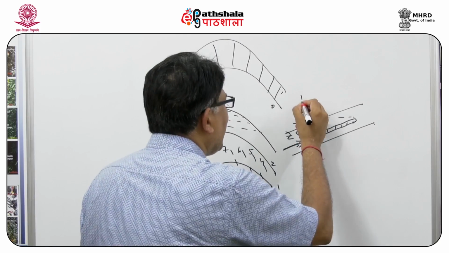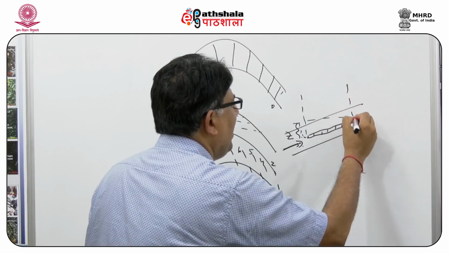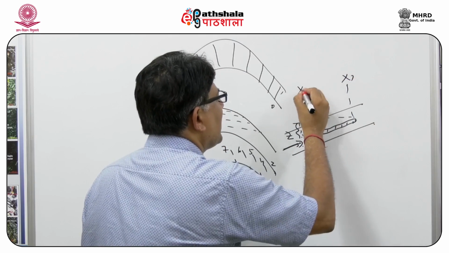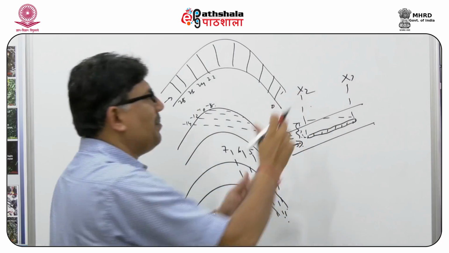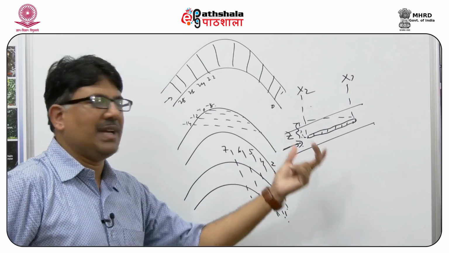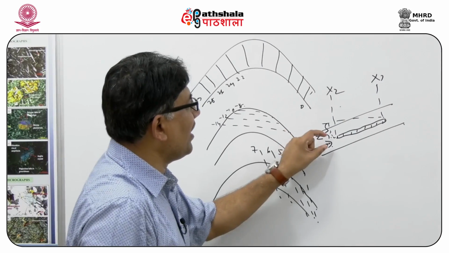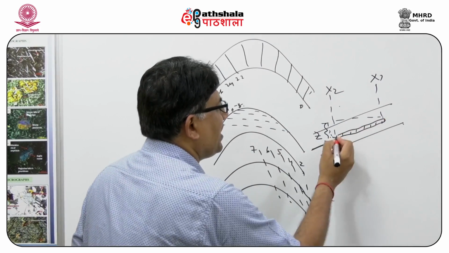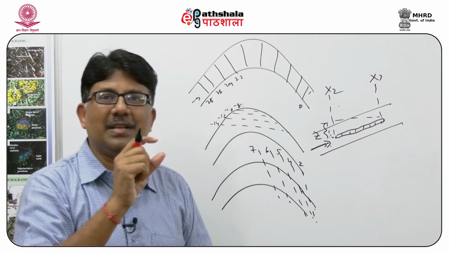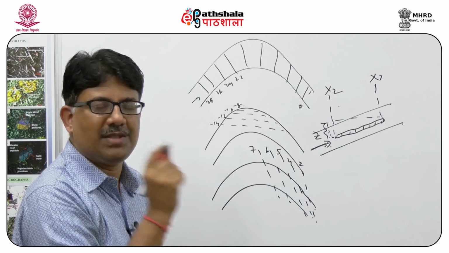And what really guides the movement of this oil? Suppose this is x1 and x2. The potential difference between the two basically controls the movement of that oil globule, and the height of the oil globule will be the vertical height between this point and this point, that is the height of the oil globule or the oil stringer.